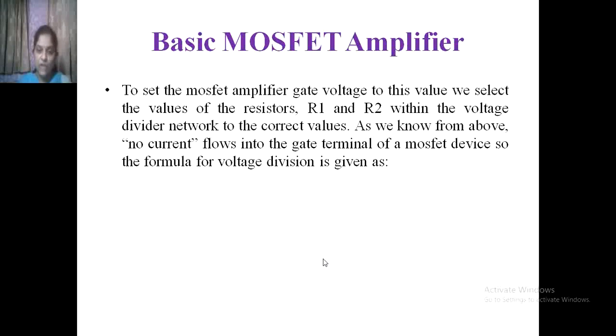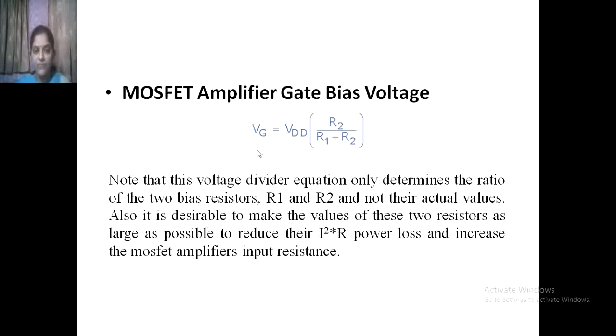As we know from above, no current flows into the gate terminal of a MOSFET device. So the voltage divider formula is VG equal to VDD into R2 divided by R1 plus R2, and this is the gate bias voltage.